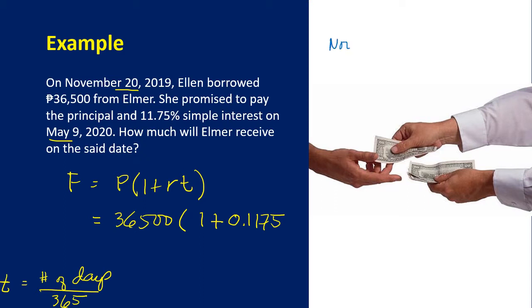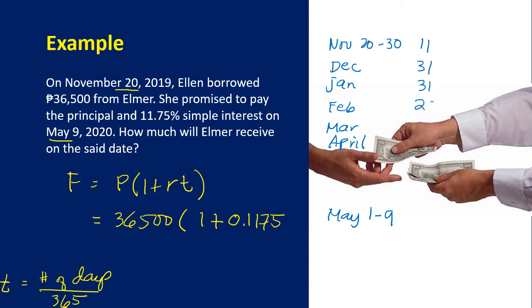From November 20 to 30, how many days is that? That's 11. And then December, January, February, March, April, and then May 1 to 9. December has 31, January 31, February 28, March has 31, and then April 30, and then May 1 to 9, that's 9 days.